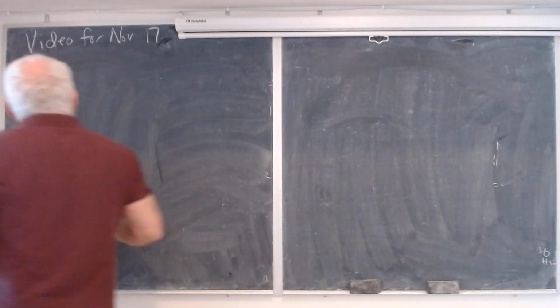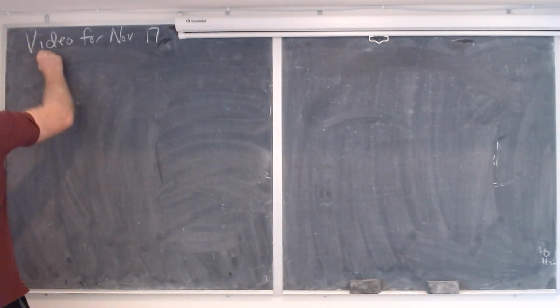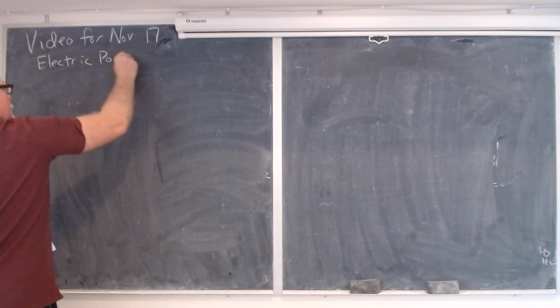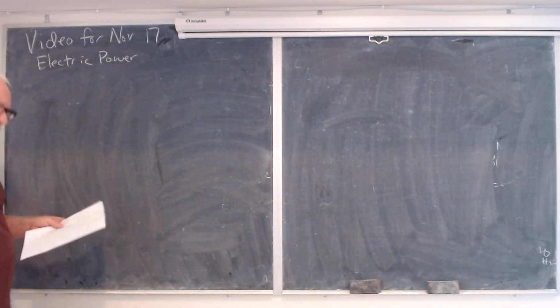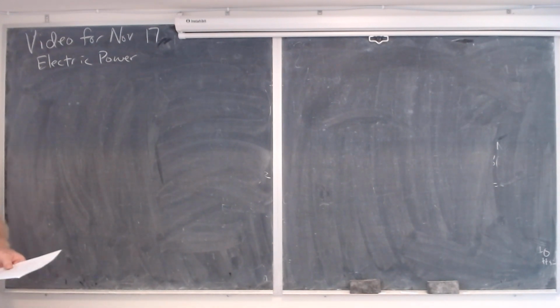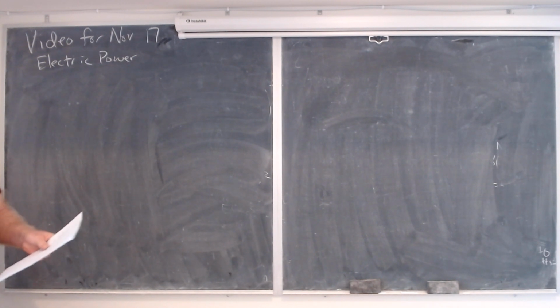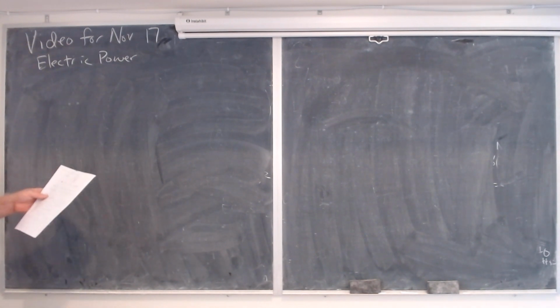So, okay, electric power. The lecture today is designed to get you at least partway to be able to do the homework. What we're going to do is do things in a little bit different order than the book.